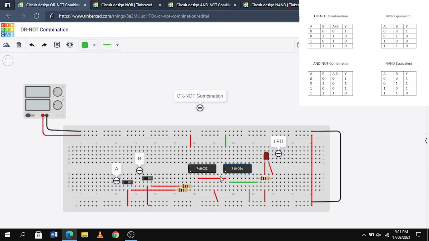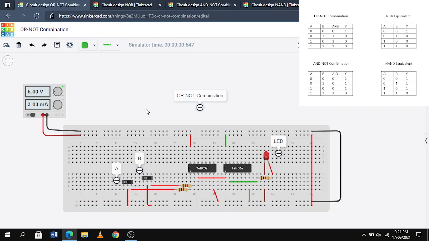So whatever output the OR gate produces, it will be inverted, and that output by the hex inverter will be reflected in the LED. So we have a truth table over there. So I'll start with my simulation to prove the truth table.